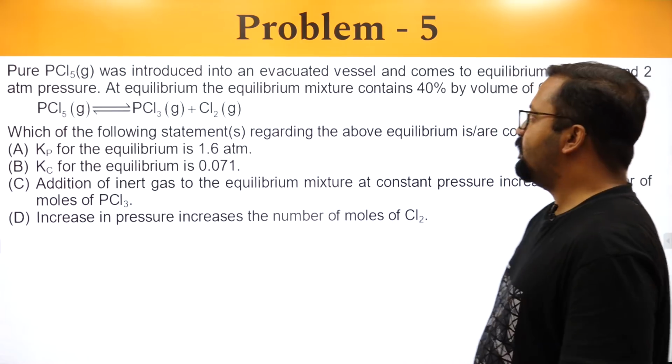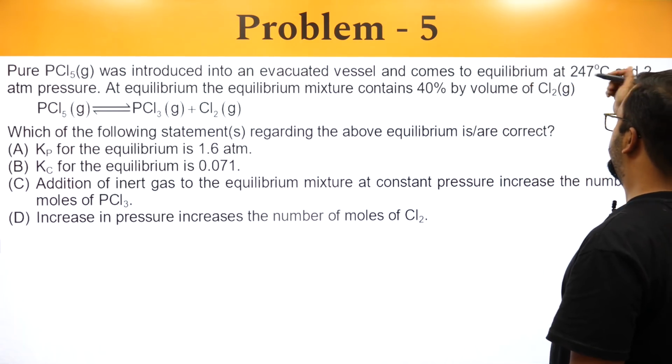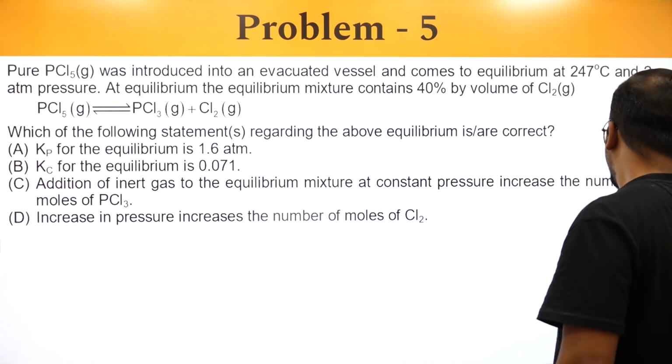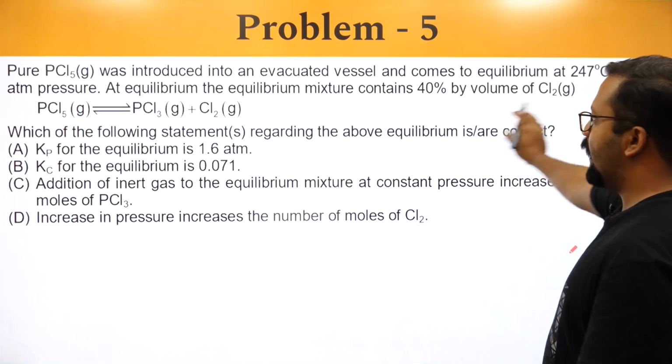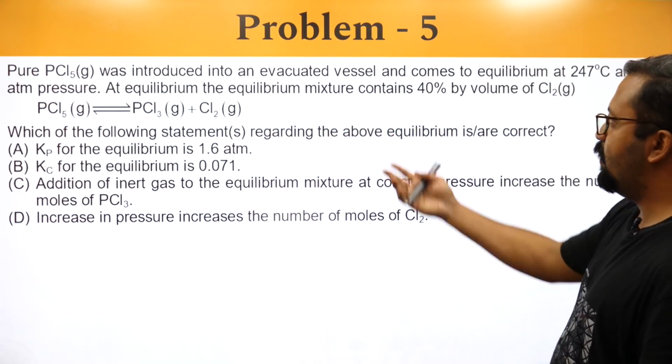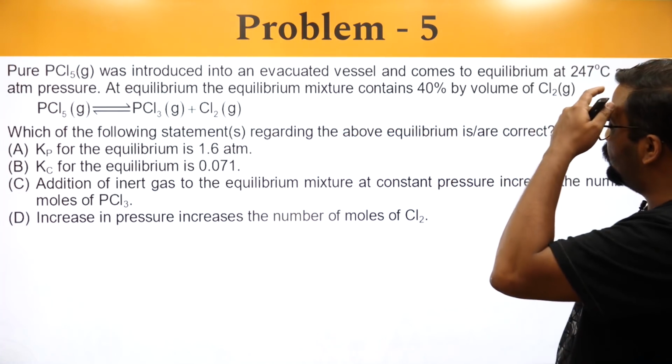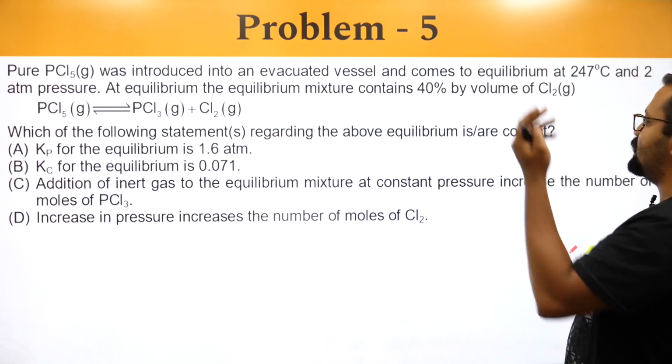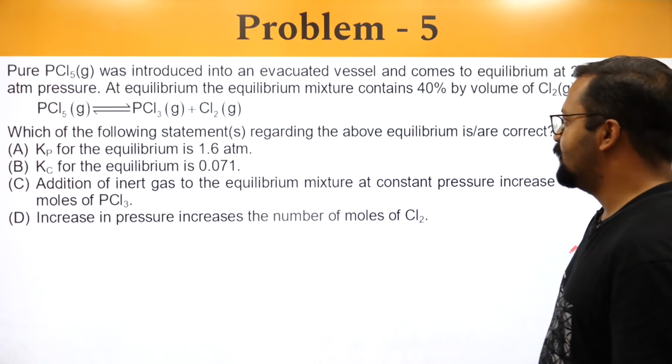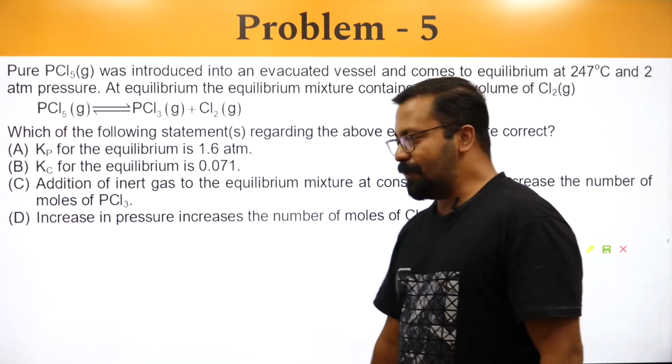So pure PCl5 was introduced in equilibrium at 247 and 2 atmospheric pressure. At equilibrium, the equilibrium mixture contains 40% by volume of Cl2. Okay, so I need to identify Kp.